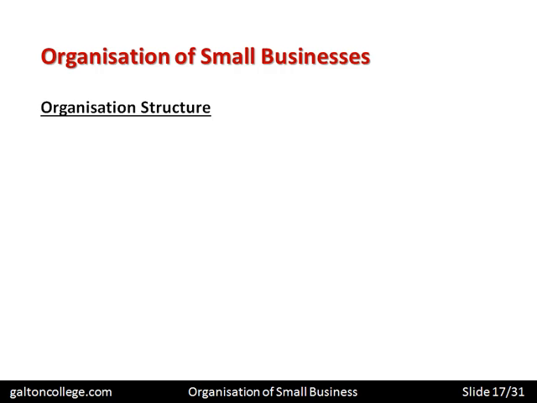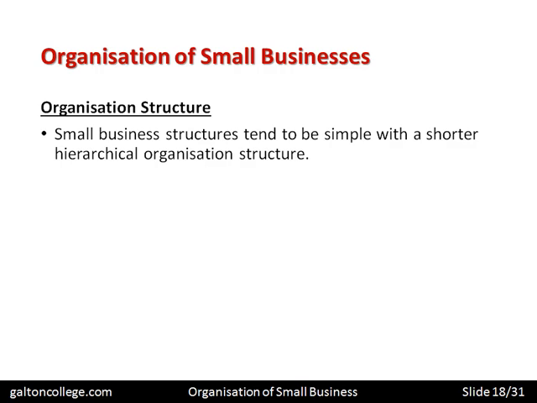Organizational structure. Well, small business structures tend to be simple with a shorter hierarchical organizational structure. So small businesses, the owner and the workers are in much more contact. They may share almost the same premises, the same workspace.